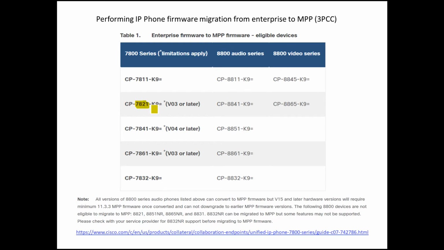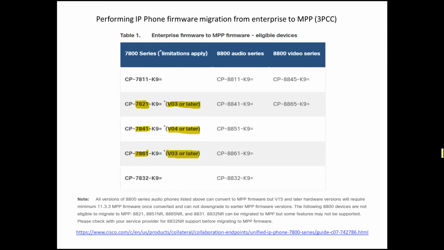The 7821 needs to be version 3 or later as far as the hardware version. The 7841 needs to be version 4 or later. And the 7861 needs to be version 3 or later for it to be eligible for the firmware migration.